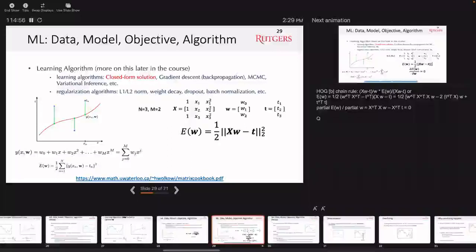in the original case, we have 10 data points, right? And we try to fit a polynomial curve. Let's say that we have a simpler case where we have 3 data points, and we try to fit a second order polynomial curve.